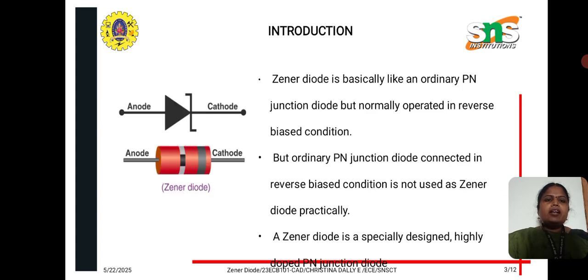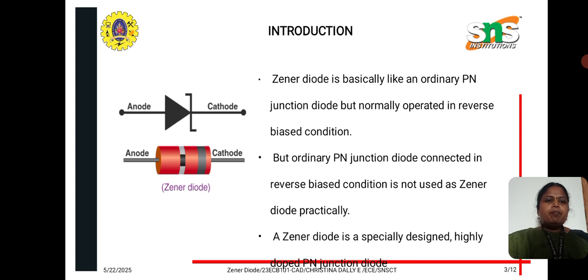Before entering into the Zener diode, the first thing we have to know is the symbol of the Zener diode, and it consists of two terminals, anode and cathode. From the symbol itself, the representation of Z specifies the Zener diode. The Zener diode is basically an ordinary PN junction diode, but it works in the reverse bias condition.